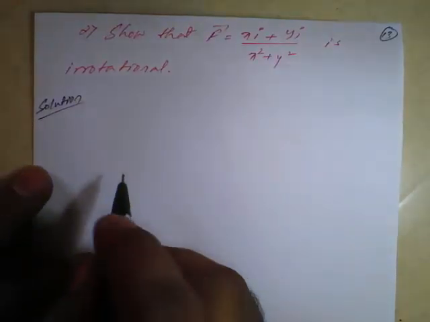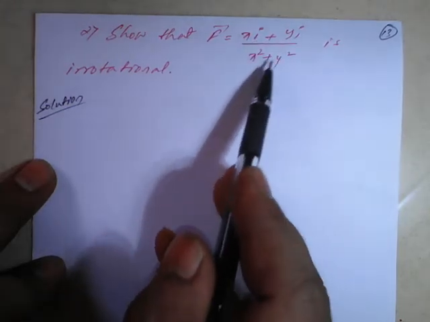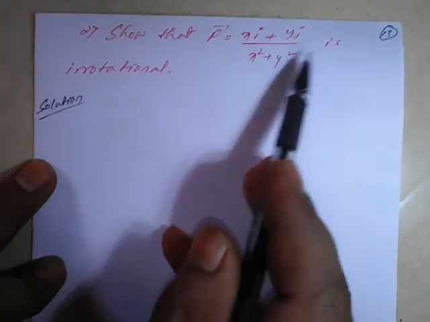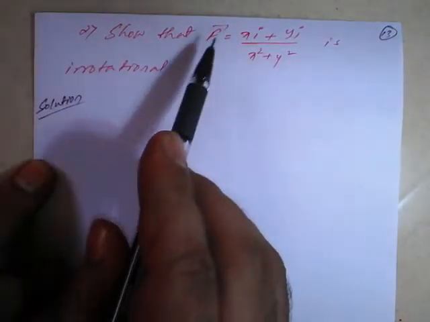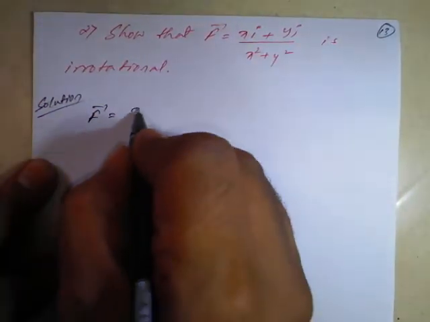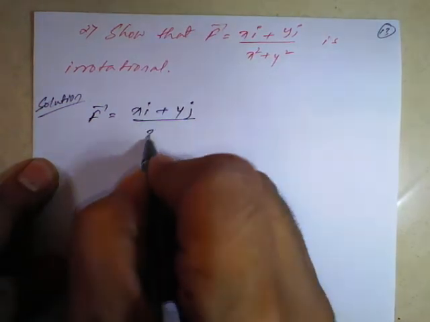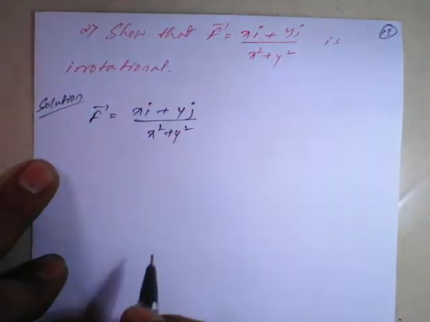It is irrotational. So like that, we are going to prove the problems based on irrotational. Next example: show that the vector f is equal to (xi plus yj) divided by (x square plus y square) is irrotational. So vector f is equal to xi plus yj divided by x square plus y square.